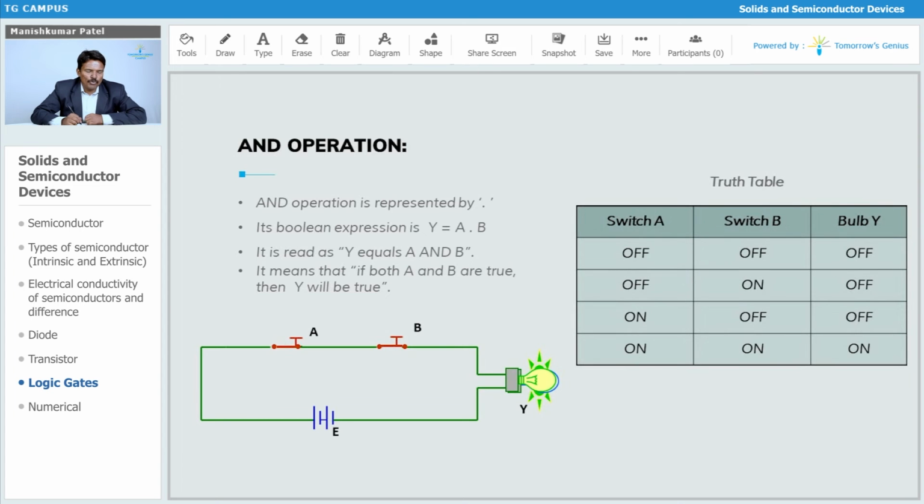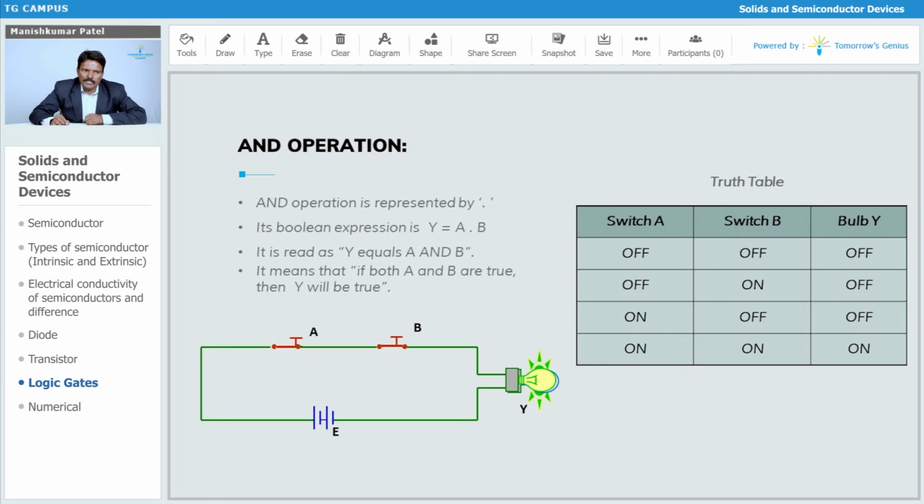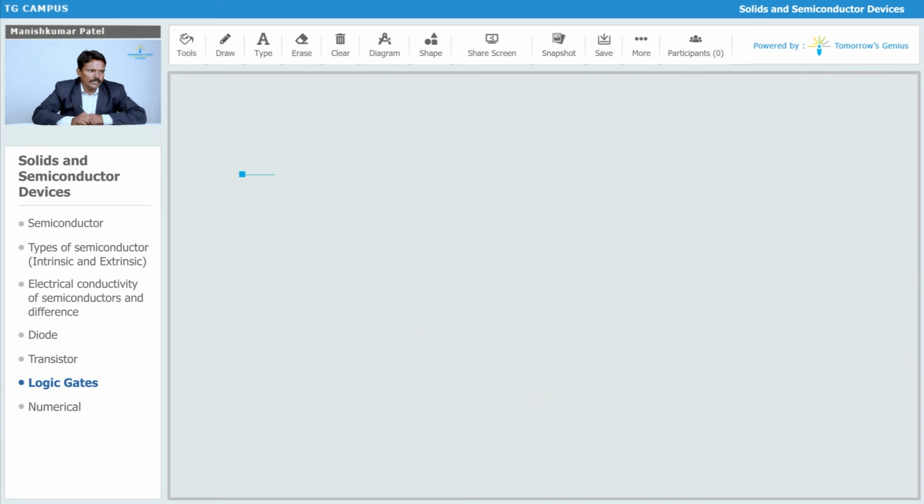If one is open and one is closed, the circuit will still not be closed, there will not be any flow of current, so the bulb is off. The output is 1 only when both A and B are closed, so both should be on. Then your bulb Y is on. This is how you can represent the truth table for the AND operation.